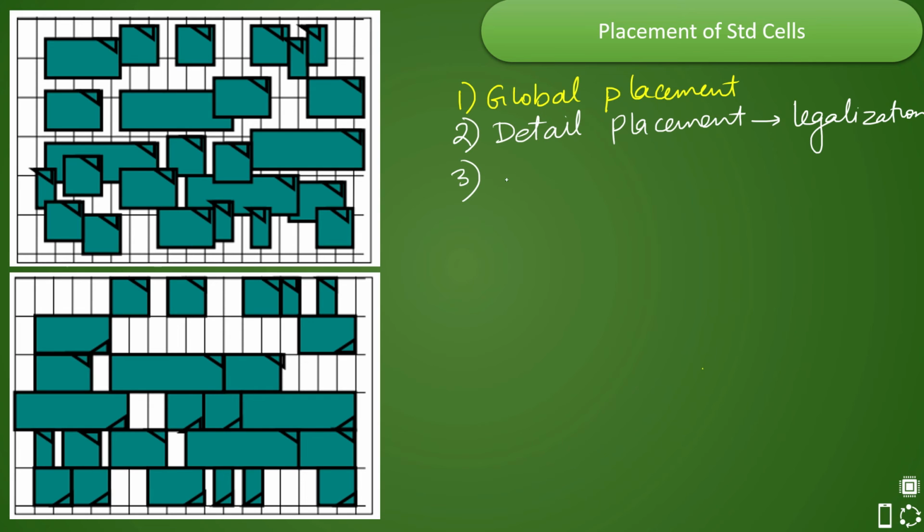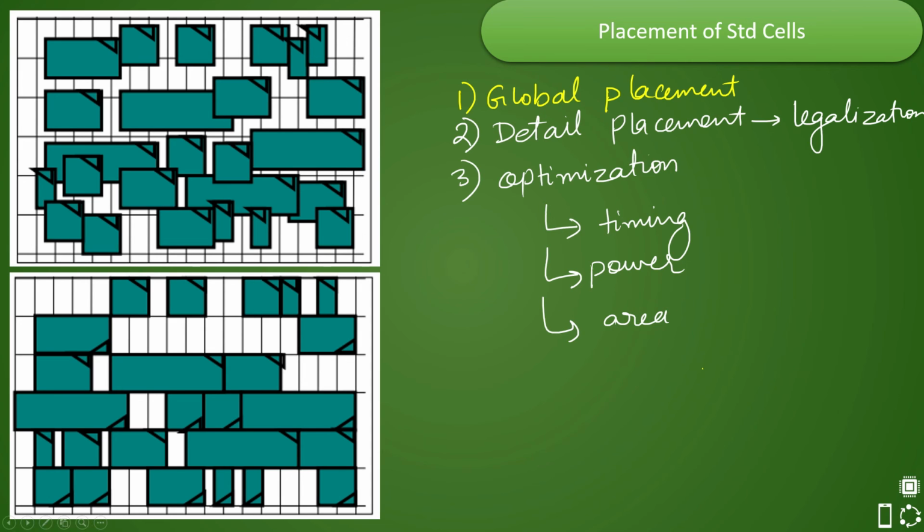After that happens the optimization, which is a major part of placement. Optimization means it will optimize your timing, it will optimize based on your power targets, and it will also optimize based on your area targets. All of this happens in the optimization part, in which it will try to optimize these three targets.